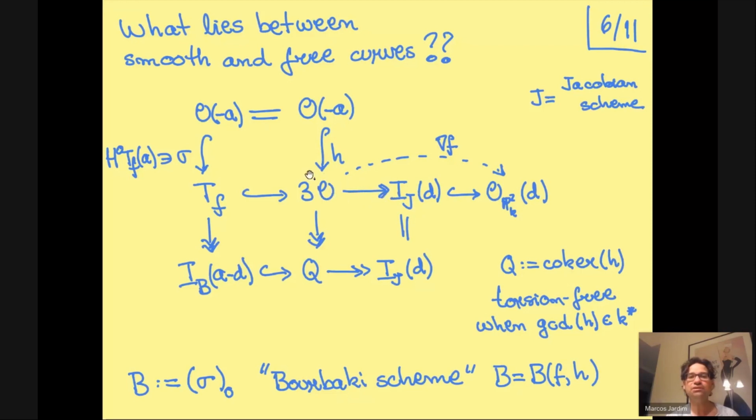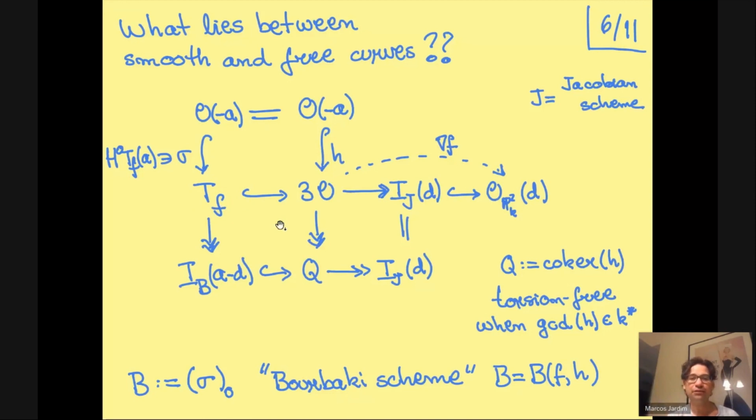It's the Quot scheme of 3 copies of O with some fixed Hilbert polynomial, which is the Hilbert polynomial of the ideal sheaf of some 0-dimensional scheme. So you can think of these f's with a given Tjurina number, with a given Jacobian scheme, to be elements in a Quot scheme.